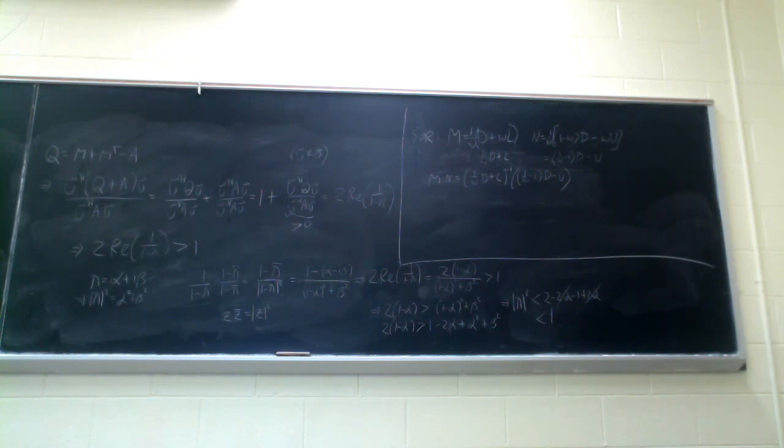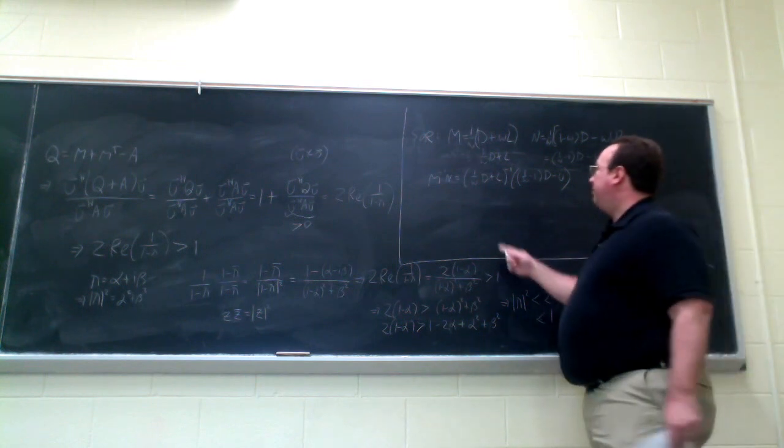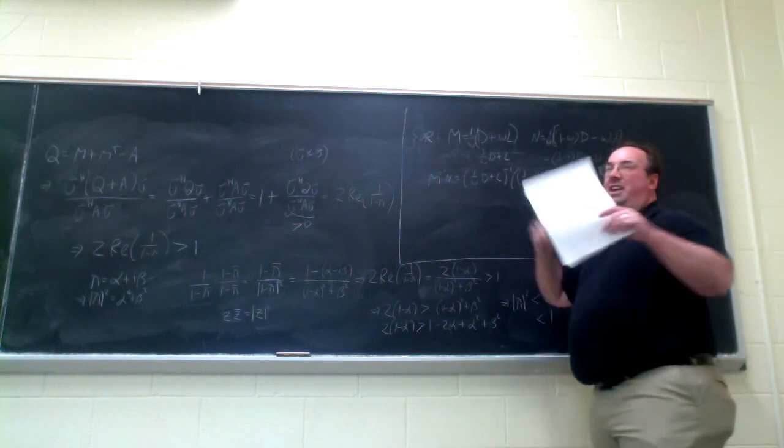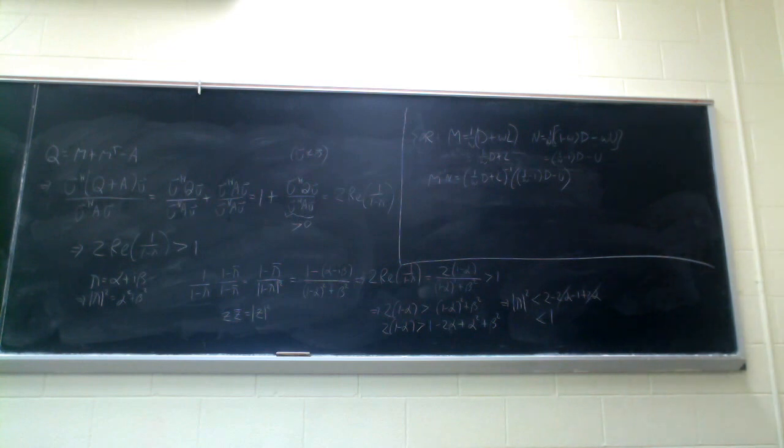It's equivalent to this because you get an extra factor of omega here and 1 over omega, everything cancels out. But if you're working with M or N individually, you've got to make sure it's scaled properly.